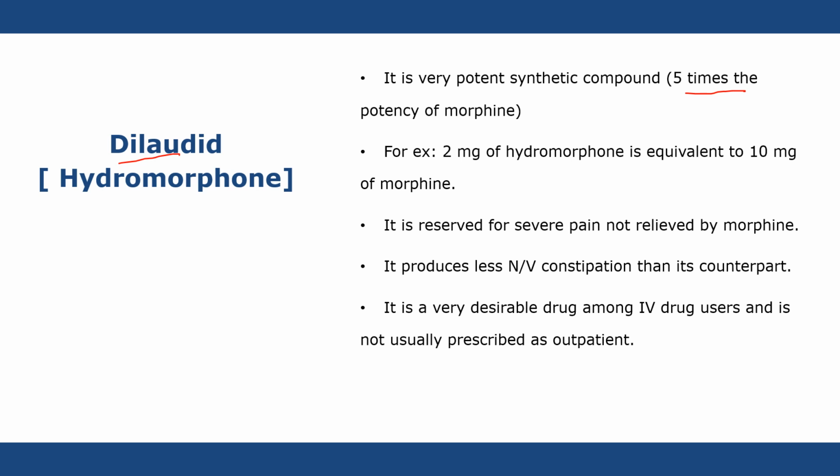It is a very desirable drug among IV drug users, and therefore it is usually not prescribed as outpatient. None of my patients in the outpatient setting, with the exception of some who are going through chemo or have cancer, will be on these medications.